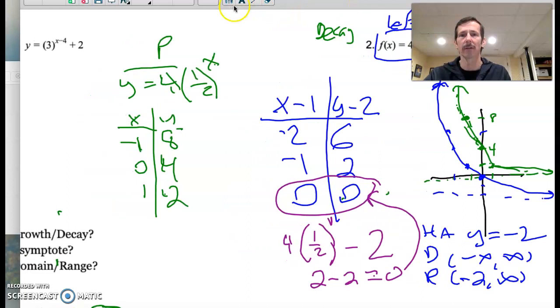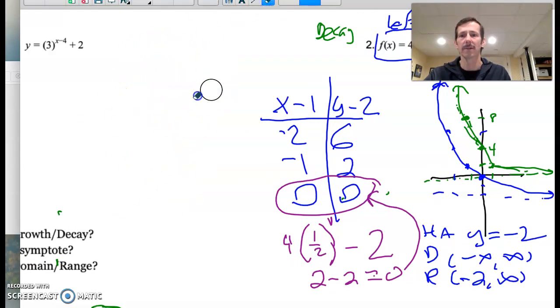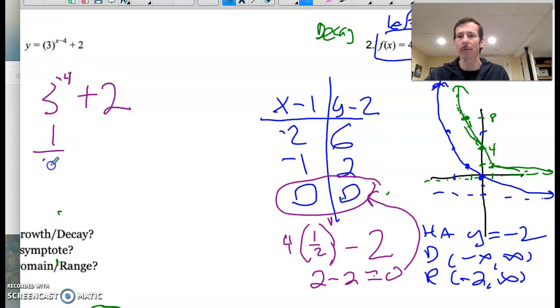So if I move back over here and do a quick erase of all of this, in this one I didn't graph the y-intercept, but if I wanted to, I would put a 0 in here, so I'd have 3 to the -4 plus 2. And this is not going to be a pleasant y-intercept, because 3 to the -4 is 1 over 3 to the 4th, plus 2.